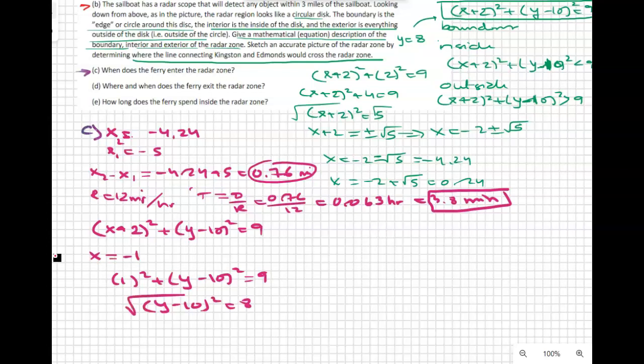Take the square root of both sides: y - 10 equals plus or minus the square root of 8, so y equals 10 plus or minus the square root of 8. Let's see what these values are. 10 plus the square root of 8 is y equals 12.8, and 10 minus the square root of 8 is 7.2.